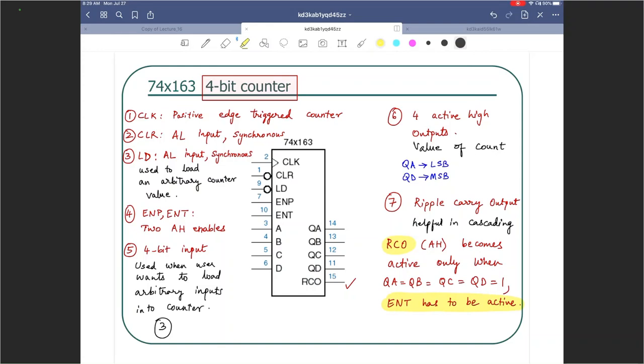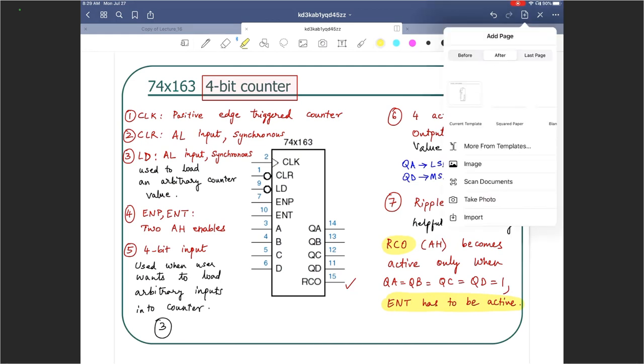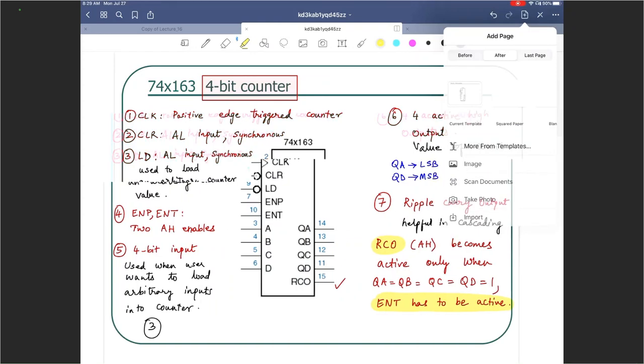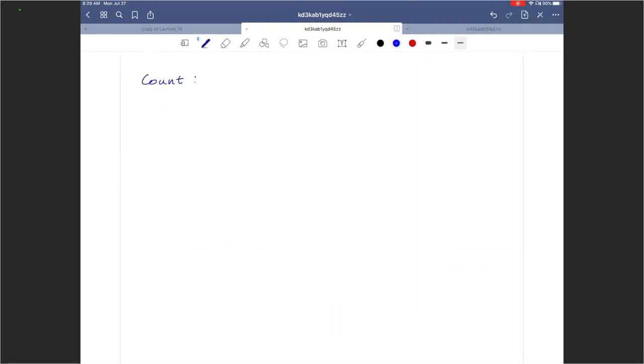All right, so let me clarify this. If you want to count, then you need to make both enables active.